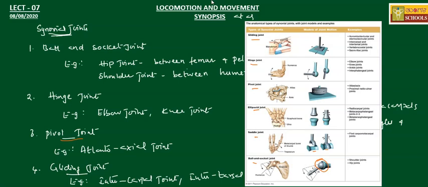This hinge formation stops the ulna from moving all around, so you can straighten your hand but you cannot bend it back, though you can fold it. In this direction you can go, and only to this extent maximum can you stretch the hand. Then the gliding joint you can see here. So these are the different types of synovial joints.